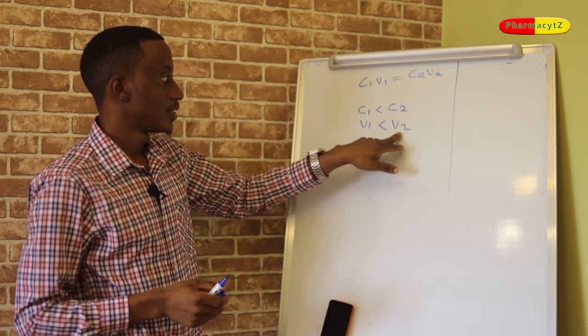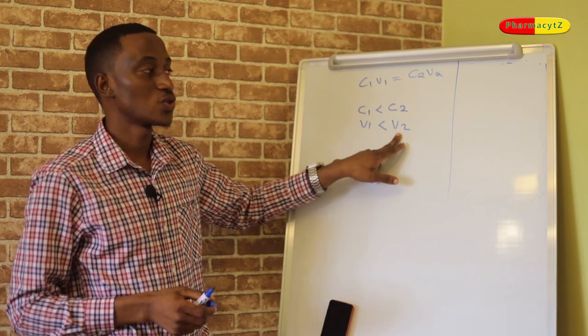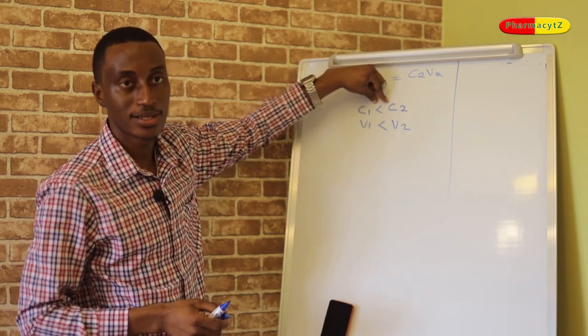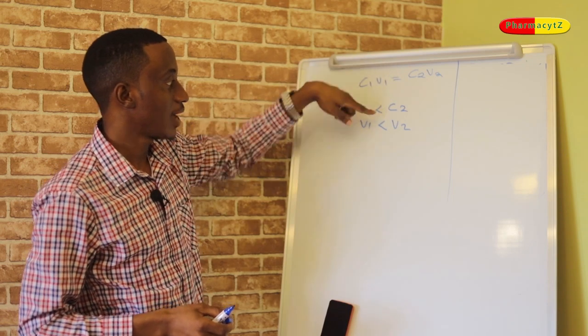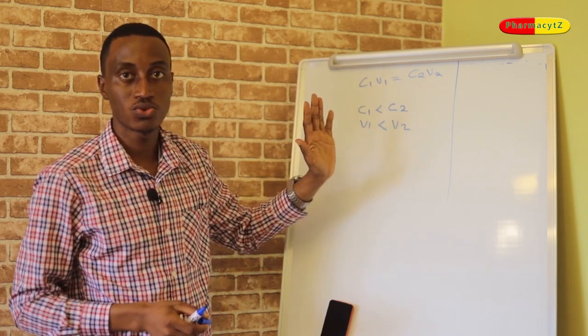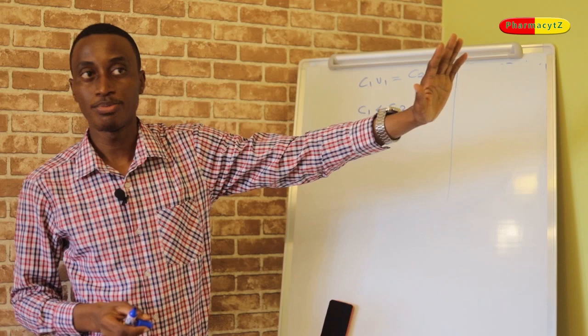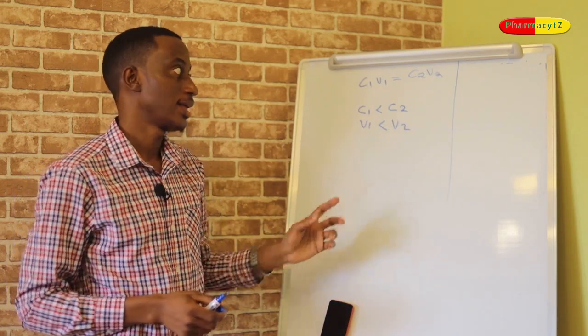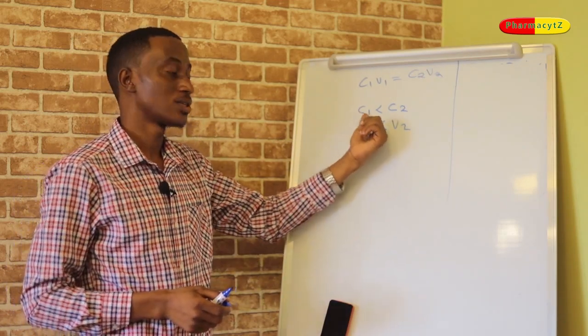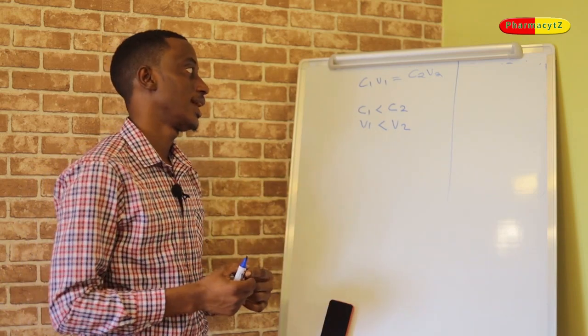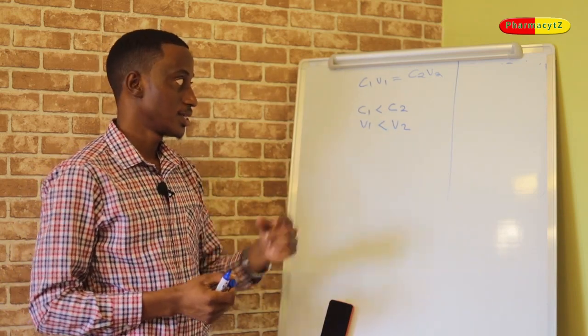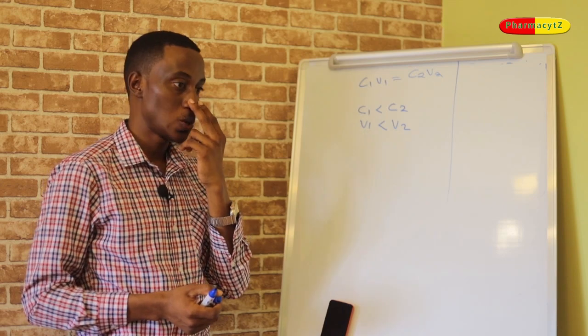Why? The final volume will be higher because we are adding the diluent to volume 1. So if we add the diluent here, more volume will be produced, so volume 2 will be higher. At the same time, the concentration which was available initially will drop to a lower concentration. This is when we are dealing with dilution.